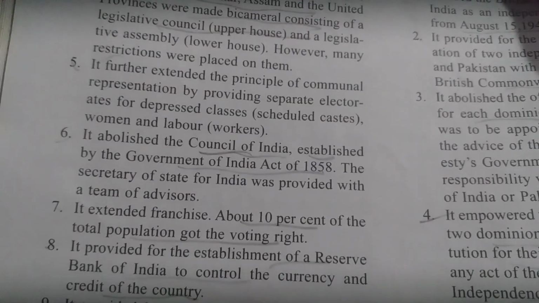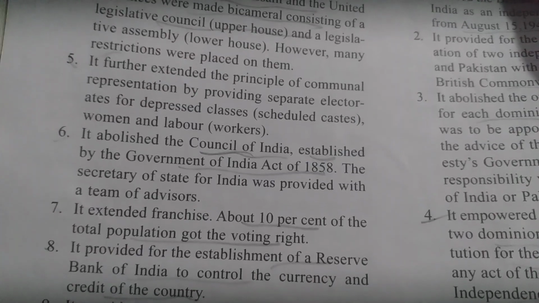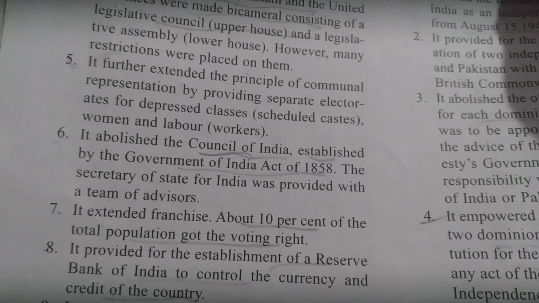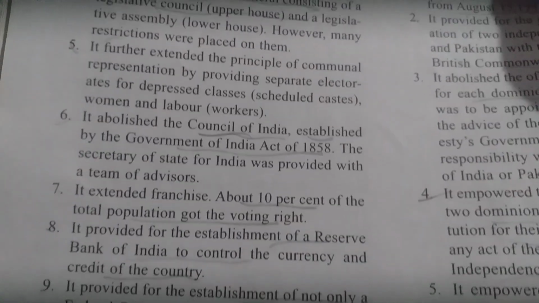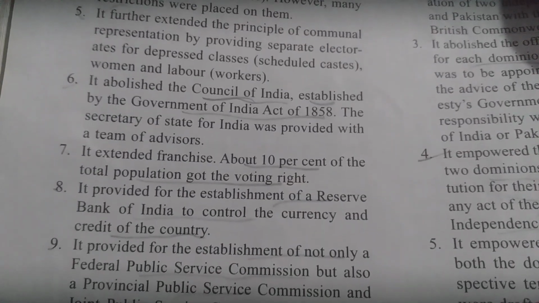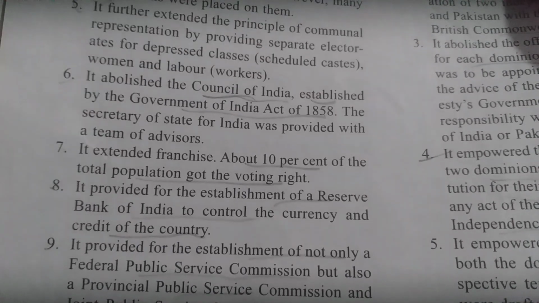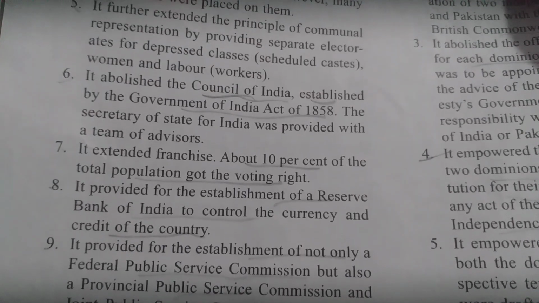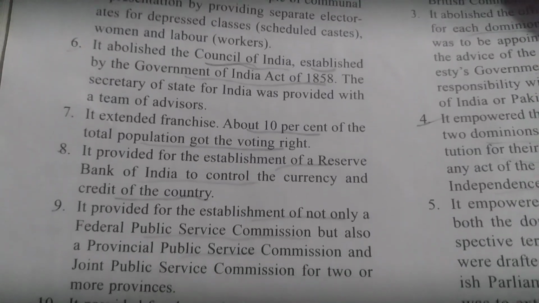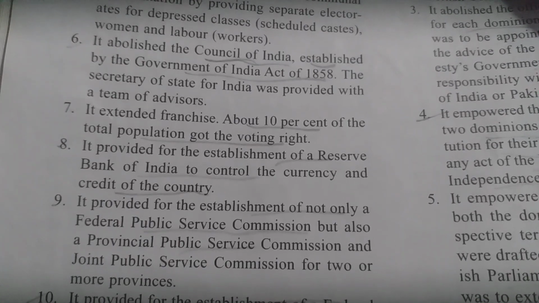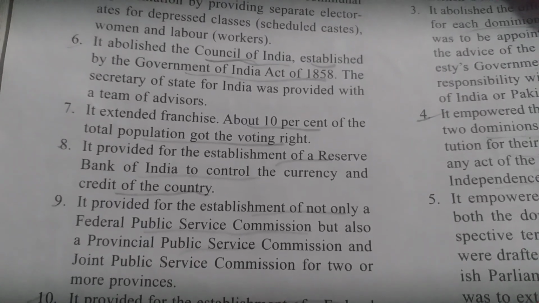It provided for the establishment of a Reserve Bank of India to control the currency and credit of the country. It provided for the establishment of not only a federal public service commission but also a provincial public service commission and a joint public service commission for 2 or more provinces.